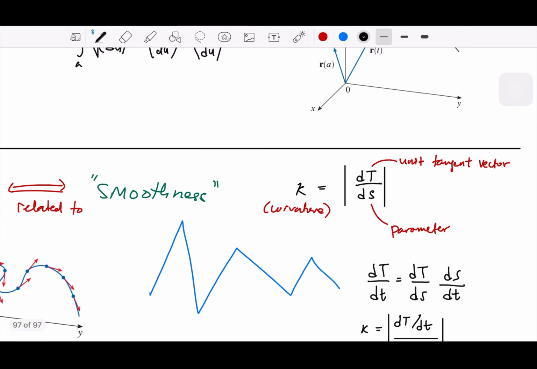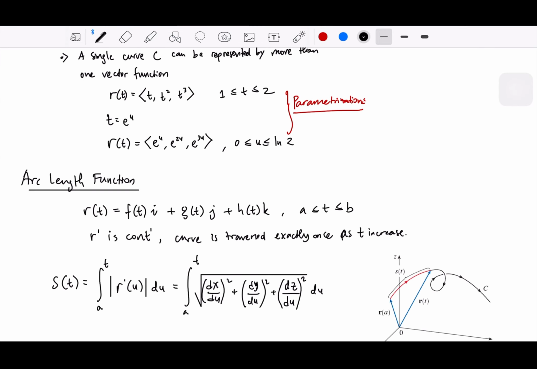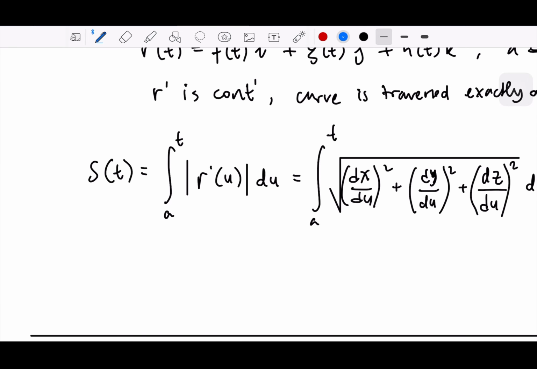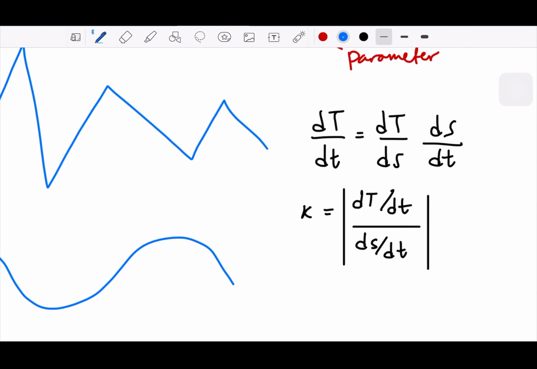Just to look at what this looks like, ds over dt is r prime.